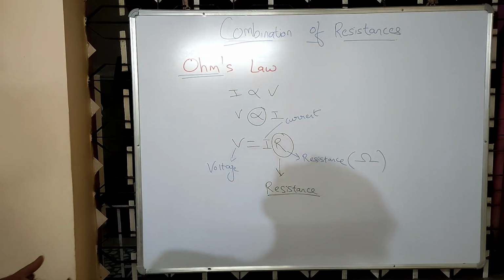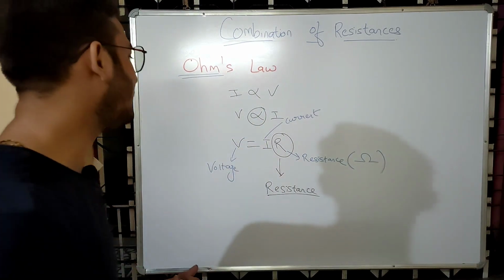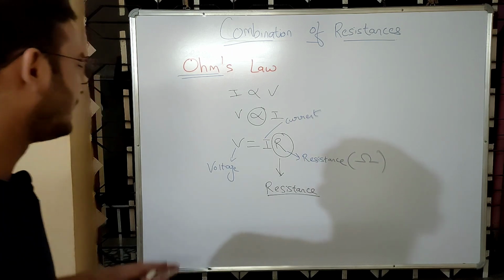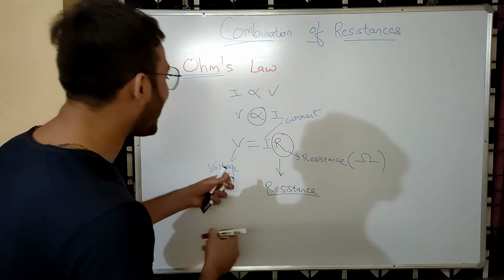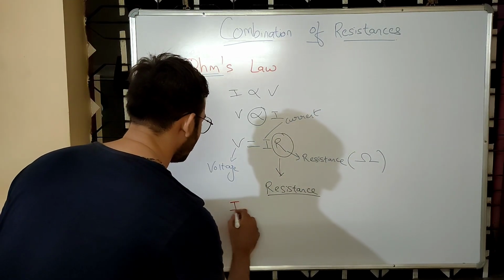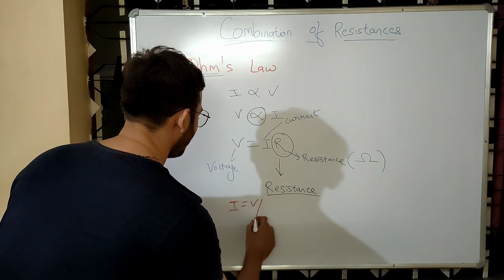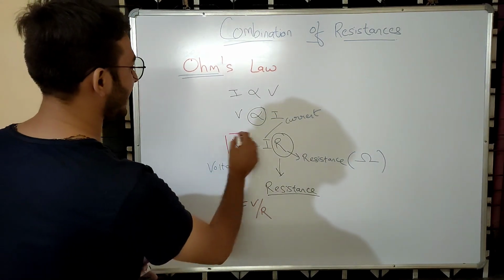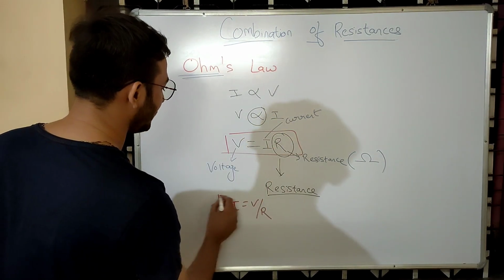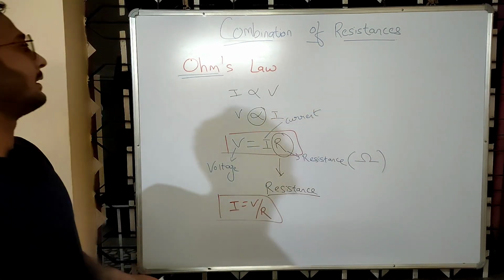So we use this law in combination of resistances many a times, like V will be equal to IR, and if I want to find the value of I, I will be V by R. So these two things keep in mind. We'll be using this in today's derivations.